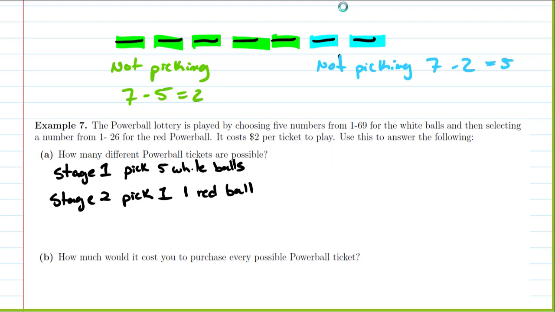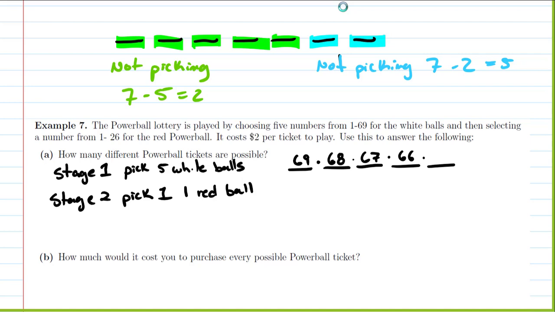Before we do this, let's analyze a little bit more. Let's enumerate our things. How many choices do we have for our first number? 69. And how many choices do we have for our second number? 68, because we've already picked one. How many choices for our next number? 67. For the next? 66.